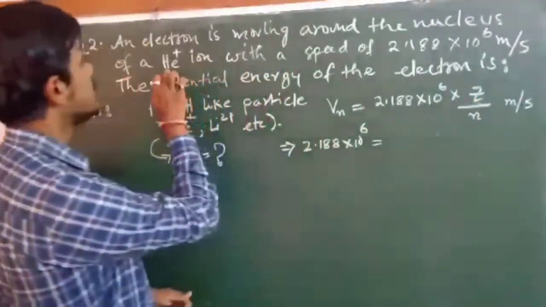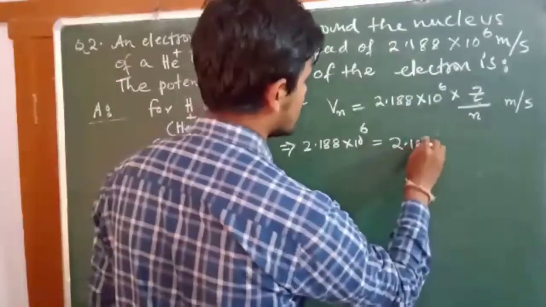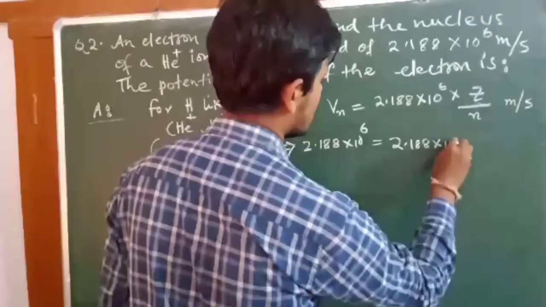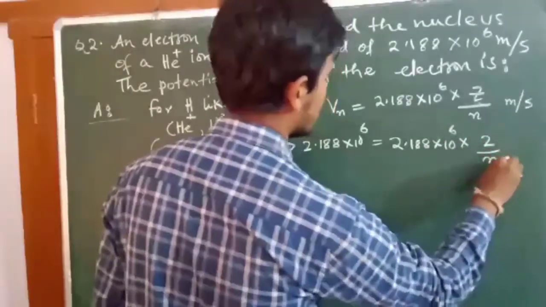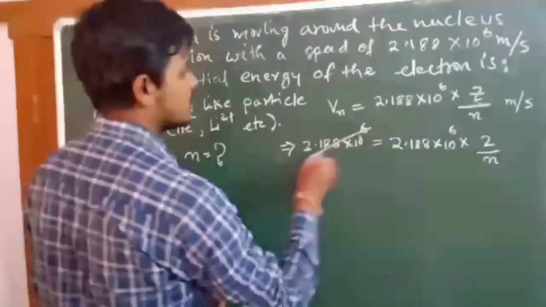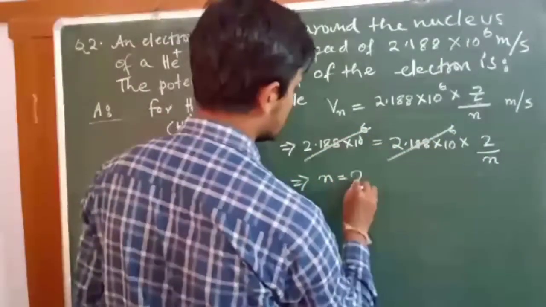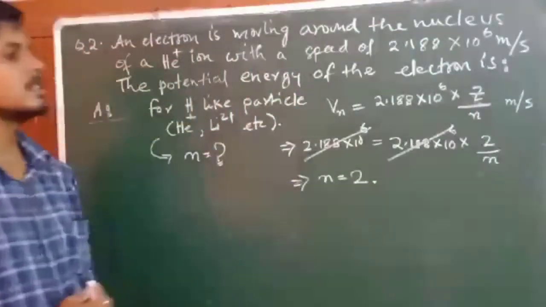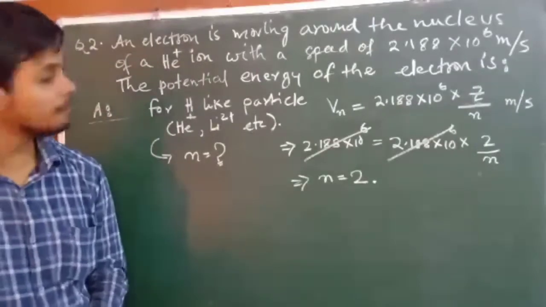It is given that it is a He+ ion for which Z = 2, so 2/n. So this and this cancel, we get n = 2. So the electron is present in the second orbit of He+ ion.